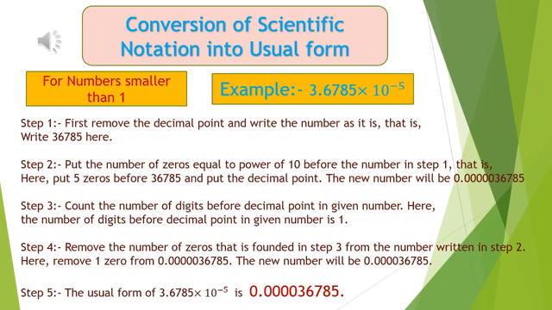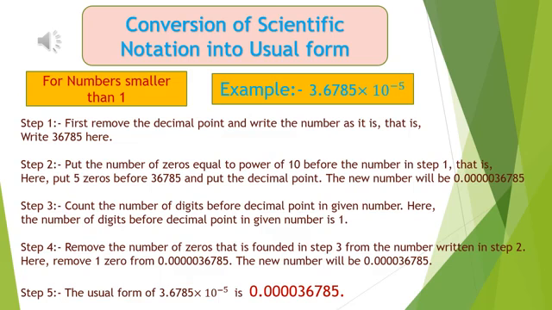See here, we are putting zeros and counting the digits before the decimal, and in the earlier example, which was a number greater than 1, we were doing all the things after the decimal. So this is the difference. So here before the decimal only one digit is there. Step number 3 says to count the number of digits before the decimal point.